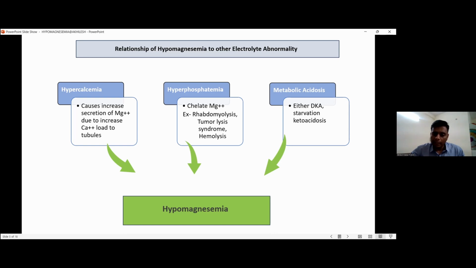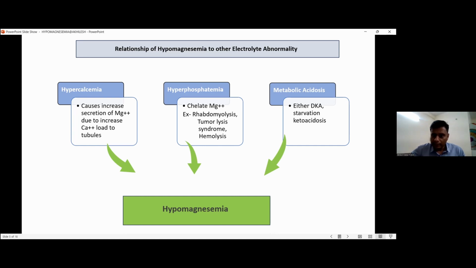In hyperphosphatemia, magnesium gets chelated. Hyperphosphatemia occurs with rhabdomyolysis, tumor lysis syndrome, and hemolysis. In metabolic acidosis, the specific types are diabetic or starvation ketoacidosis. If it is chronic, there is decreased expression of some cation channels on the DCT, so magnesium does not get reabsorbed from the filtered fluid.